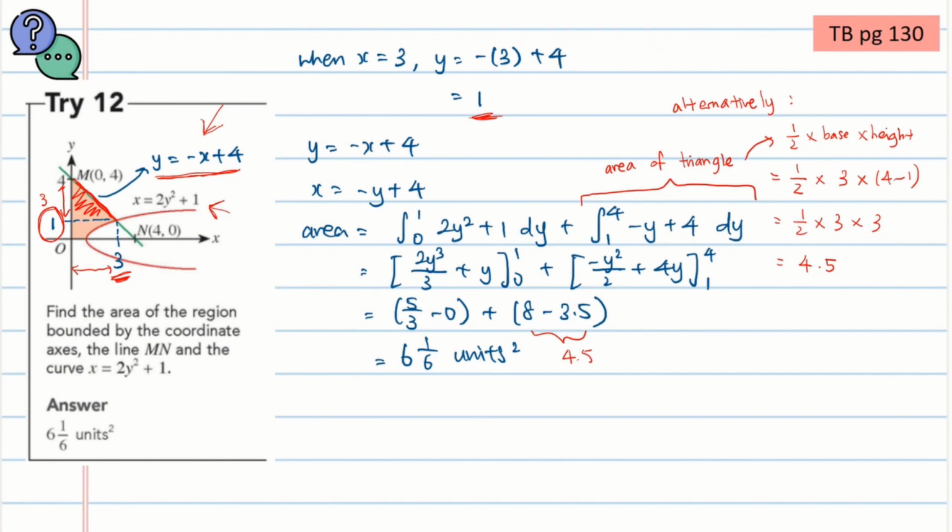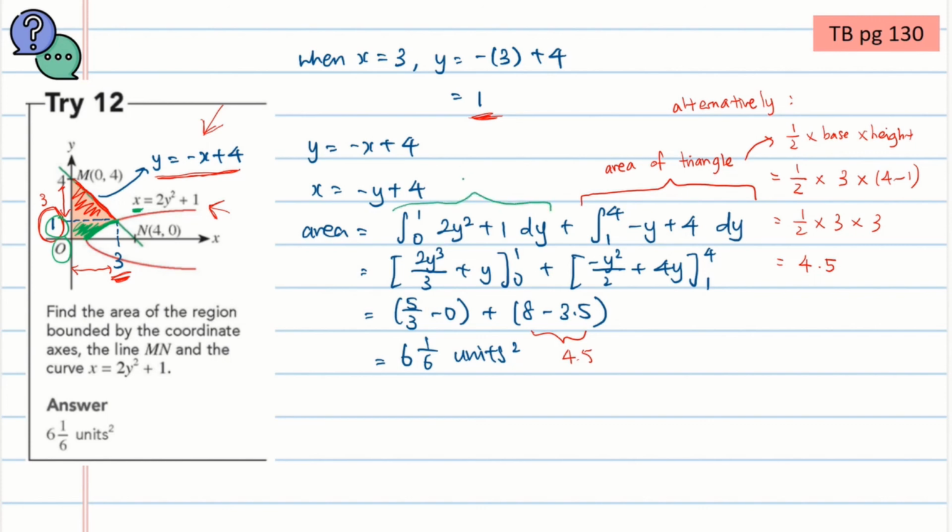Then going back to finding the area of this part, I'll integrate the curve here from 0 to 1. This is easier because I already have x as the subject, so I did not have to do any manipulation. Therefore, I am integrating y squared plus 1 from 0 to 1 with respect to y.